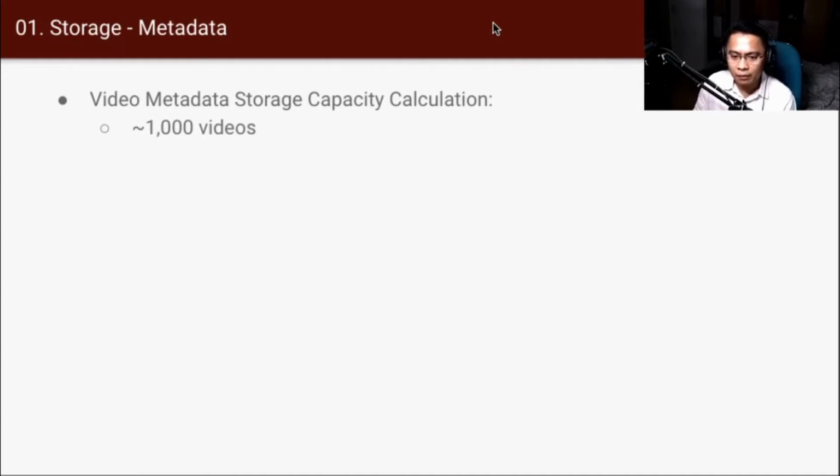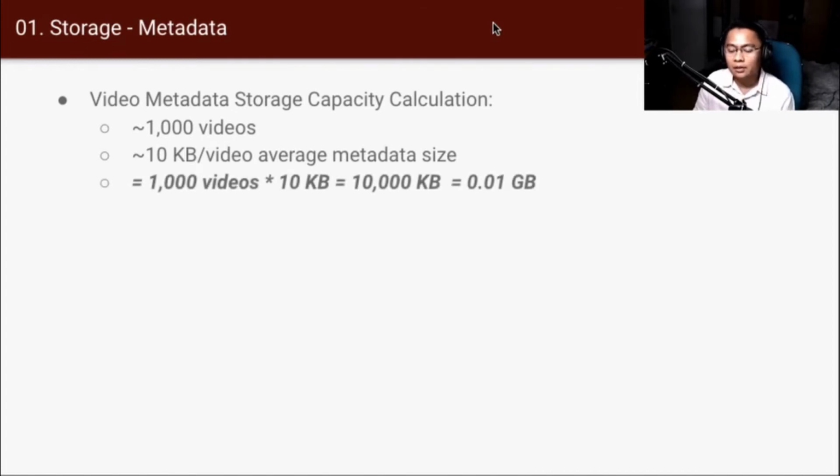We know we have 1,000 videos, and let's assume that we need 10 kilobytes of space for each video. So we approximately need 0.01 gigabytes. It's very small, so we don't need to do anything about the video metadata.